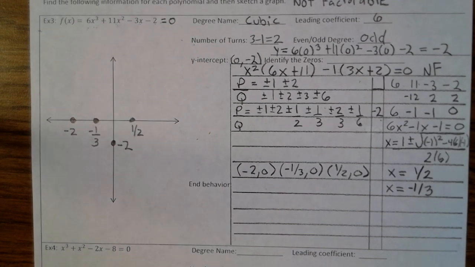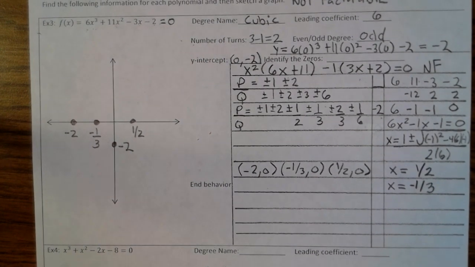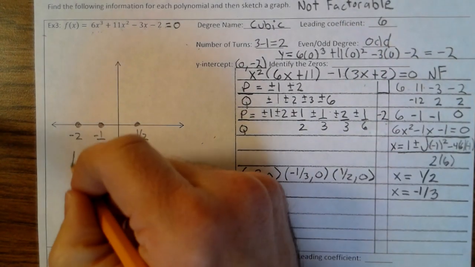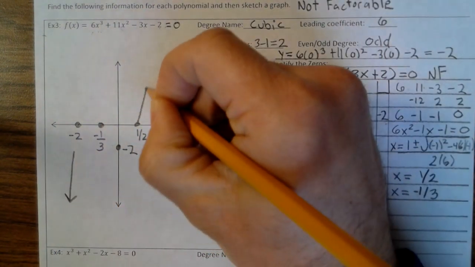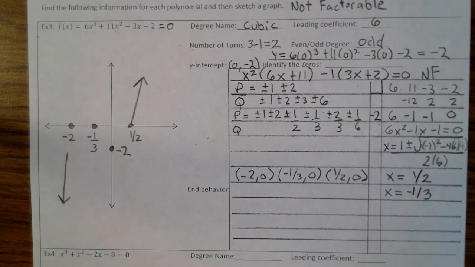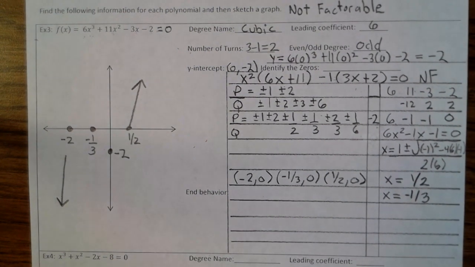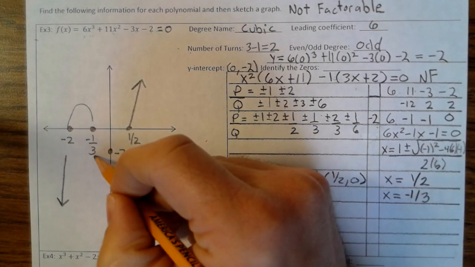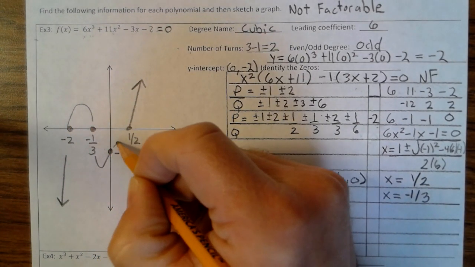Now, since it's cubic and the leading coefficient is positive, we know it's increasing from left to right. Now it has 2 turns. So here's 1 turn and 2 turns.